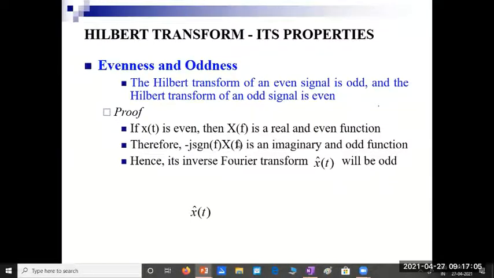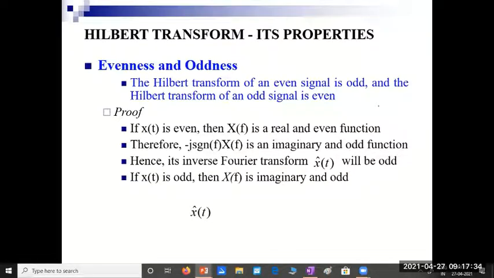Since you've used minus j, it becomes imaginary. Signum makes it odd. So naturally, when you take the inverse Fourier transform of such an odd function, x cap of f, you get x cap of t, which will surely be an odd function.